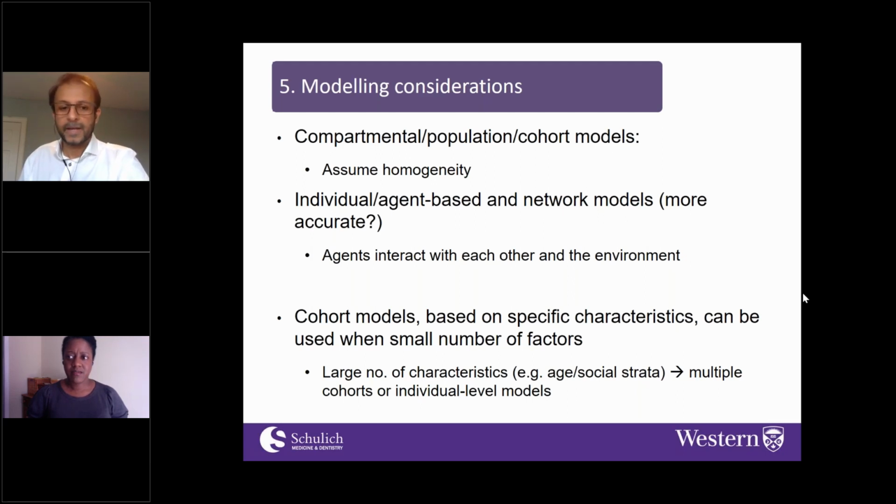And at some point, it just becomes too challenging, and then it makes sense to go towards individual-based models. But anyway, we're not going to talk too much about the technical aspects. The focus really here is on thinking about social factors and how they should be explicitly considered when we are developing these models.